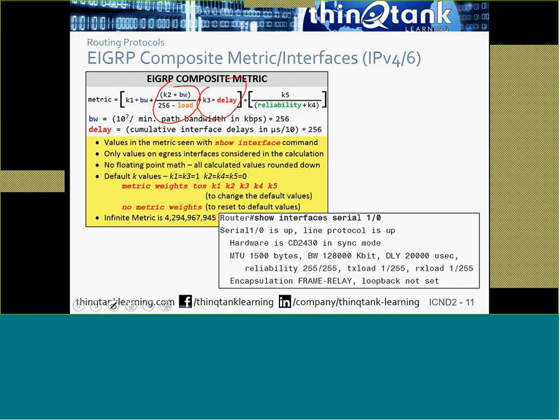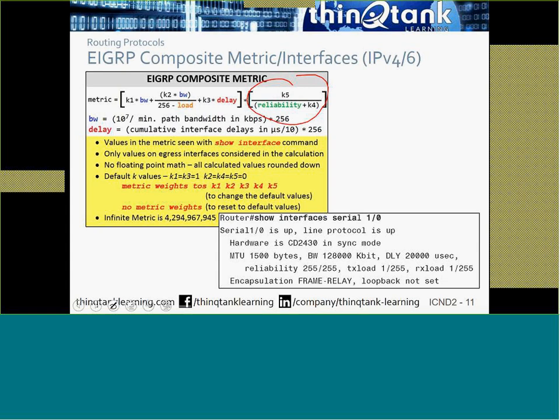And delay is cumulative delay in the interface delays in microseconds divided by 10, times 256, times K5 divided by the reliability plus K4. And hop count is looking a little bit better now, isn't it?